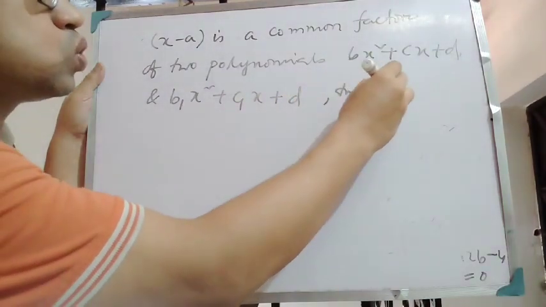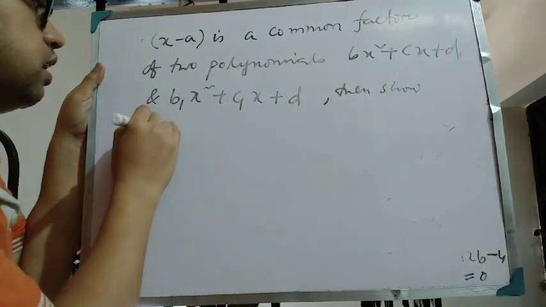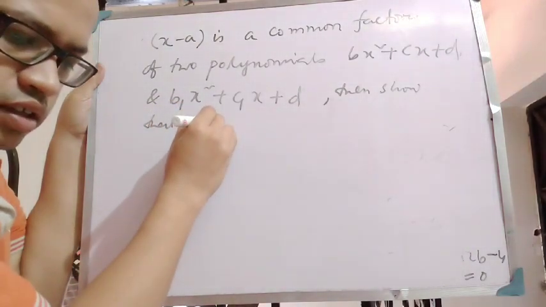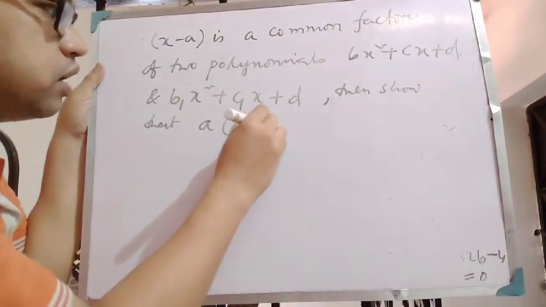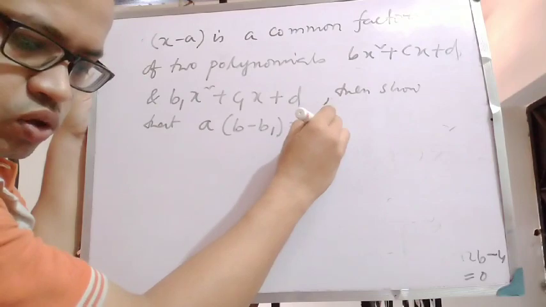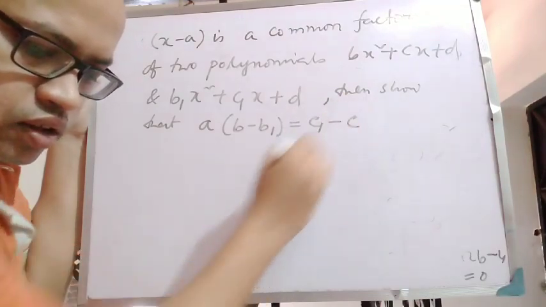Then you have to show that this relation a into b minus b1 is equal to c1 minus c.